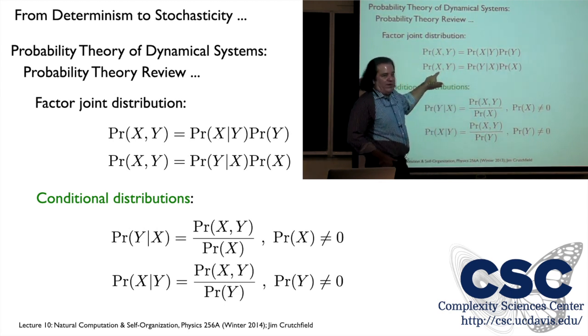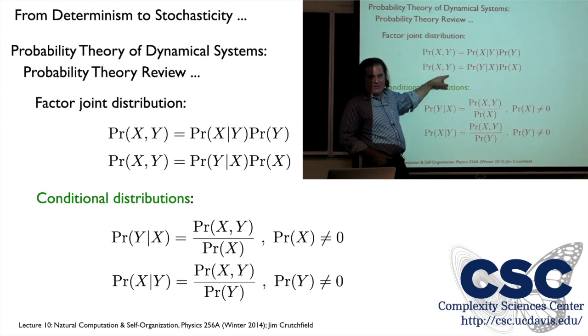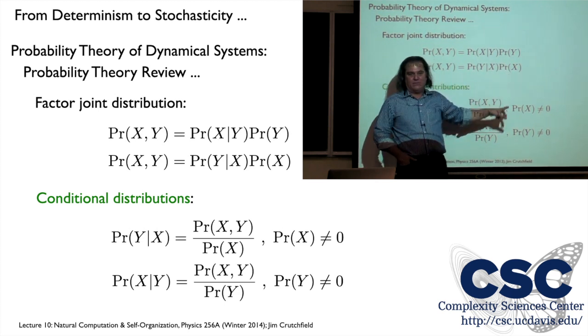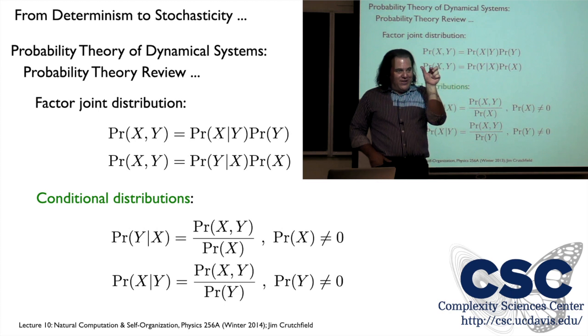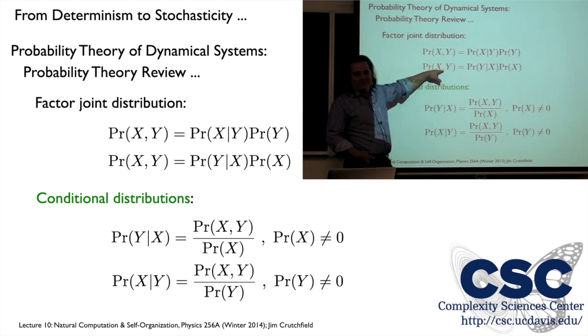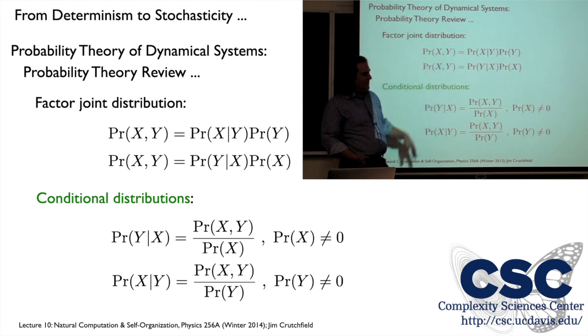We also have another choice, same joint distribution, probability of x and y, but now I can factor that into a conditional distribution, probability of y given x times the probability of x. And this move, this choice that you can make, is used over and over and over again. Maybe most famously, it's called Bayes' theorem in inference. So, you just have a choice here.